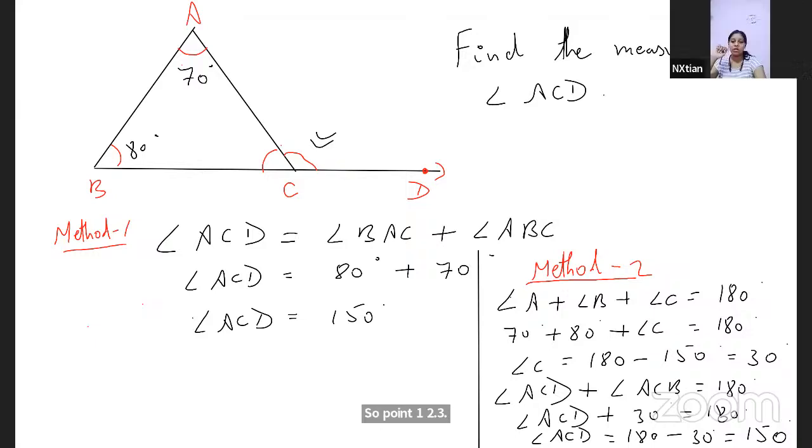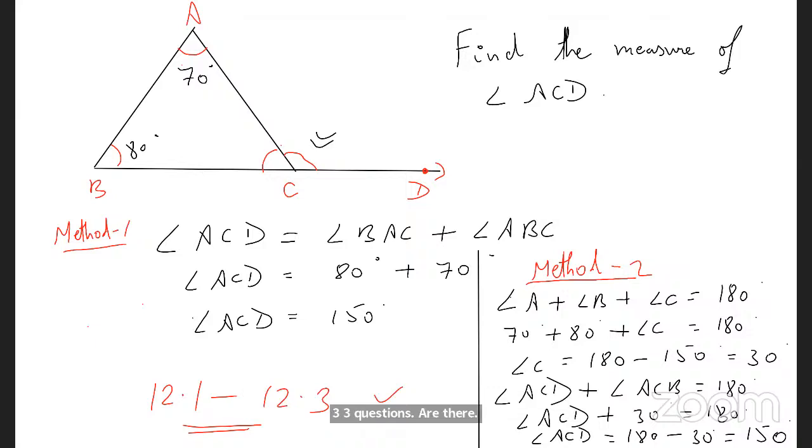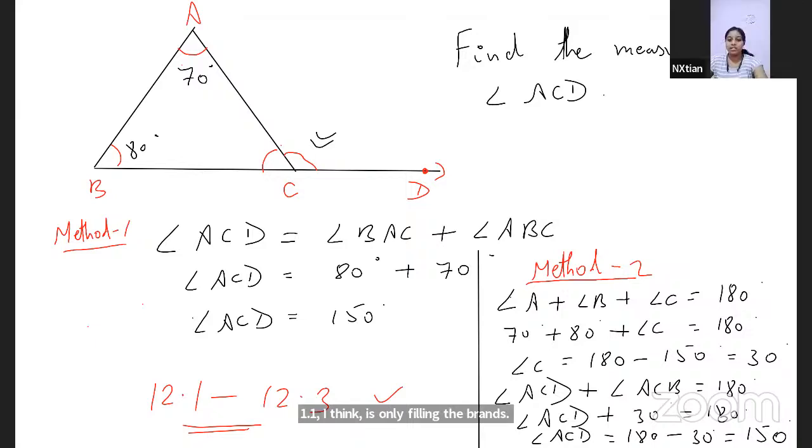Only two, three questions in every exercise. 12.2 and 12.3 have only three questions, and 12.1 I think is only fill in the blanks, four questions. So very short exercises. Please try this out in the weekend.